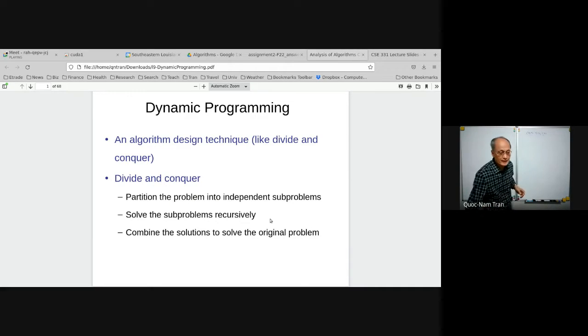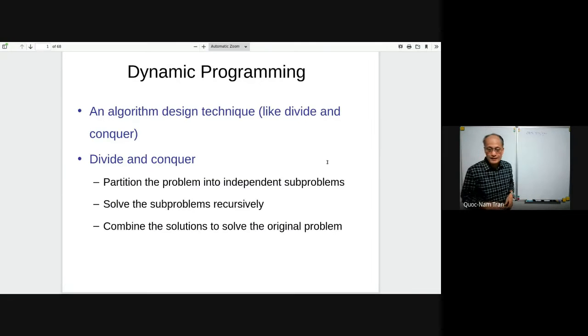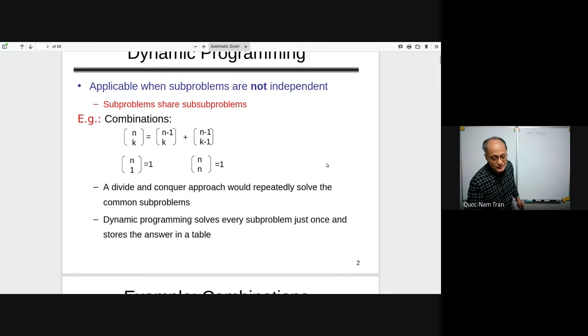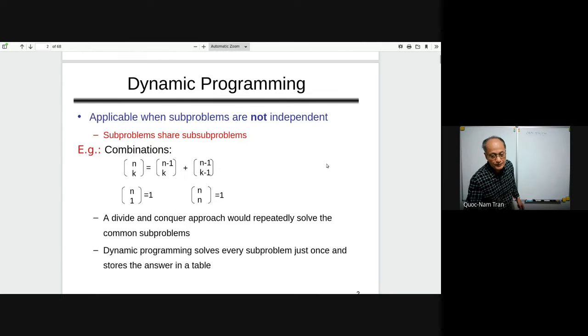But here is one example. It shows us how bad a divide and conquer algorithm can be. One example is how to calculate the combination. For example, the combination of k elements from n is k from n minus 1 plus k minus 1 from n minus 1 elements.